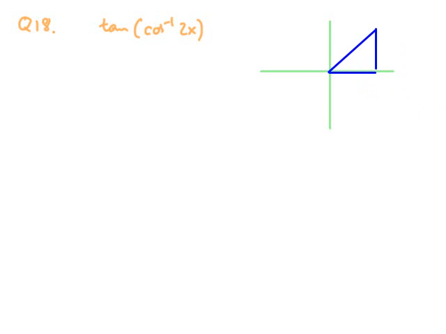Okay. Then this one here is the angle theta. Notice that there is no theta in this equation. However, usually I would take tangent of an angle theta. Well, that theta here is the inverse cosine of 2x. And so that's how I define that angle.